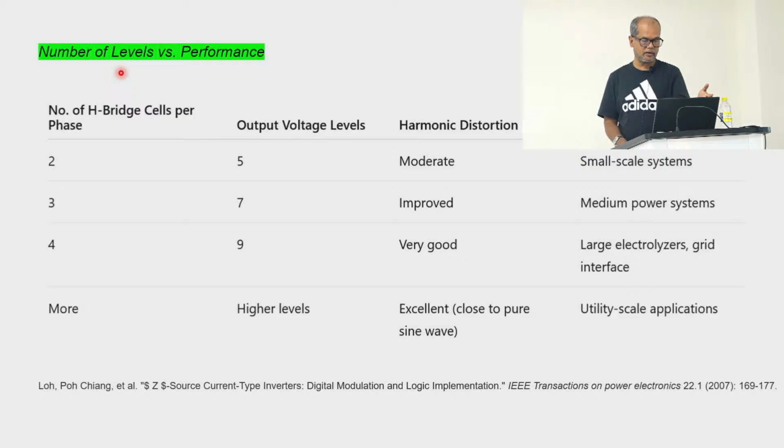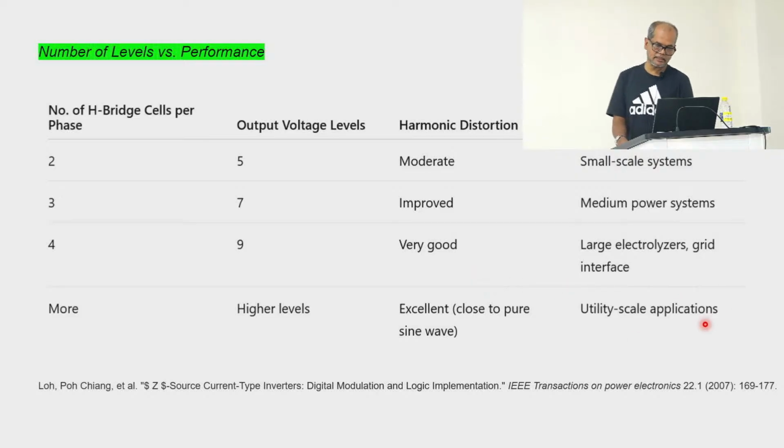And if you use the H bridge, then depending on the number of bridges, you will have different harmonic distortion. More is always better because the output is closer to a sine wave, as I mentioned.